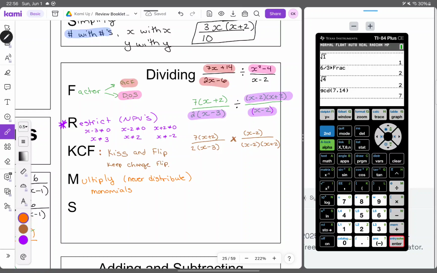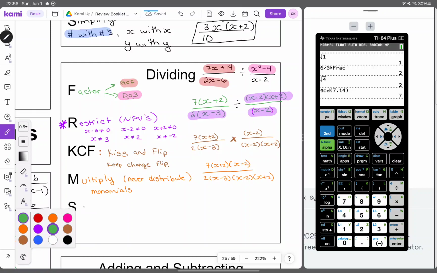So I'm just going to smoosh these all together. So this is going to be 7 times x plus 2, x minus 2, all over 2, x minus 3, x minus 2, and x plus 2.